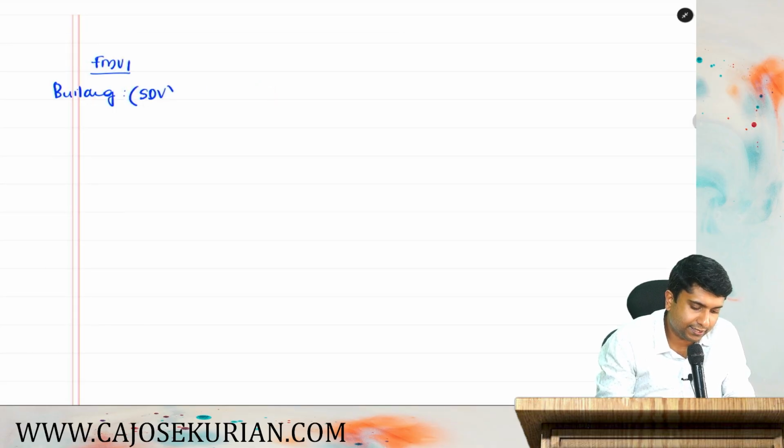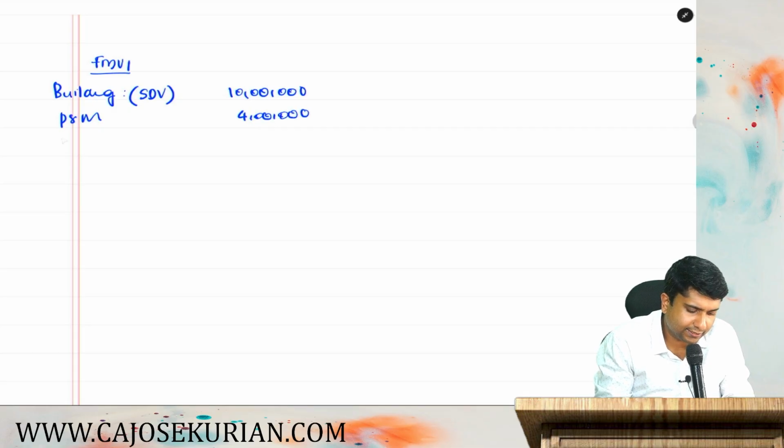It should be 10 lakh. Then the second value that we have to consider is machinery. Again, we can take the book value. No other value available, 4 lakh. Debtors, obviously, book value, 2 lakh. Patent, obviously, whatever the value given in the books that you can take, 2 lakh 50.